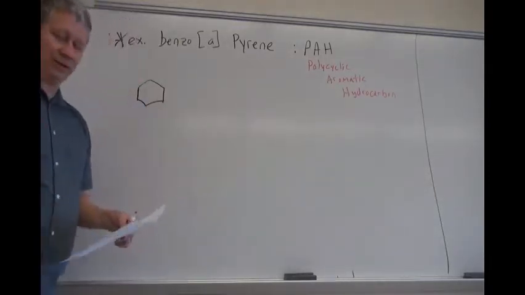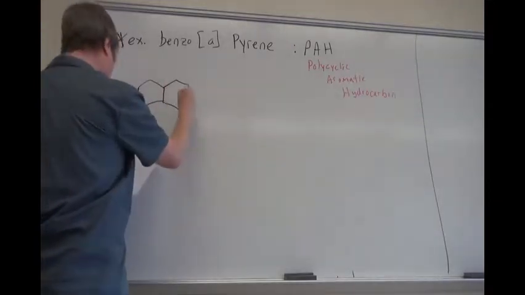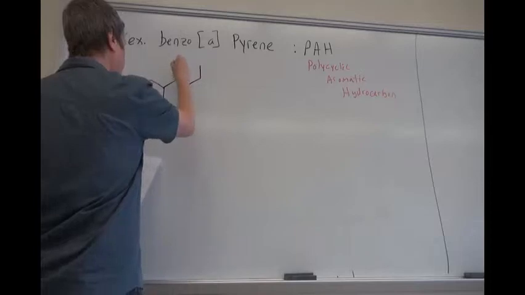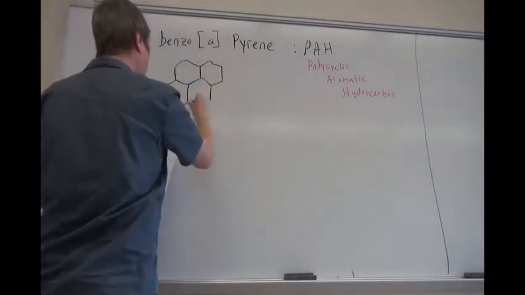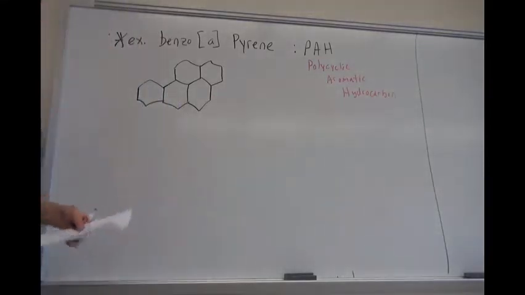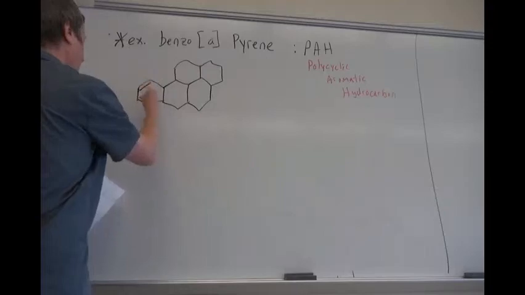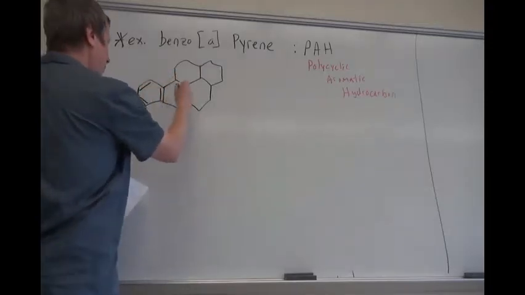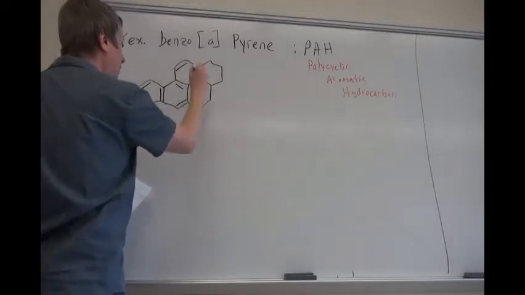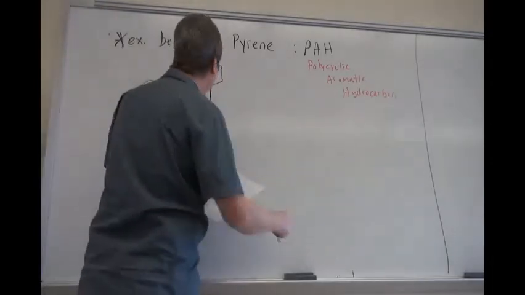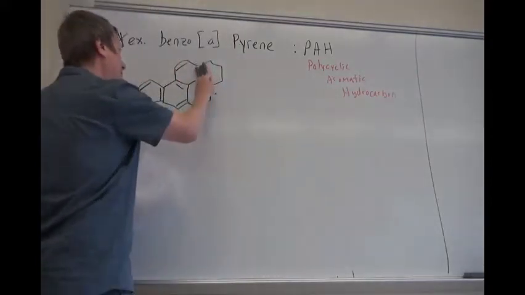This is one of these molecules that has a couple benzene rings fused. So these are all benzene rings. And let's draw the double bonds. Actually, we've got to do this.